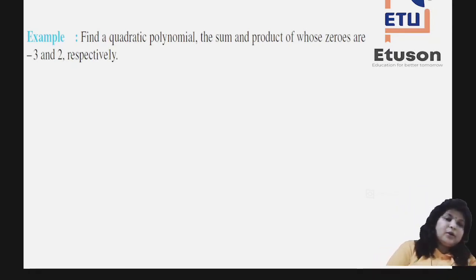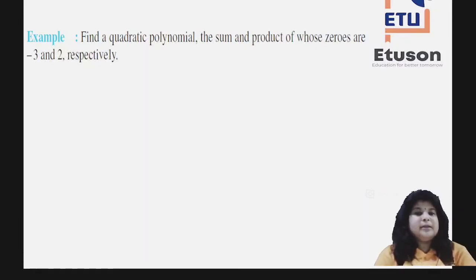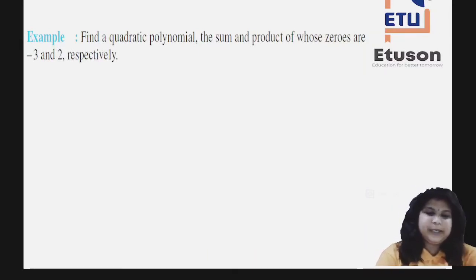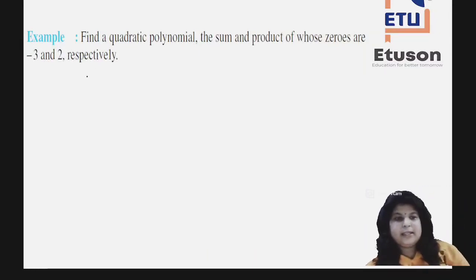Find a quadratic polynomial, the sum and product of whose zeros are minus 3 and 2 respectively. So in this particular problem, what is given?